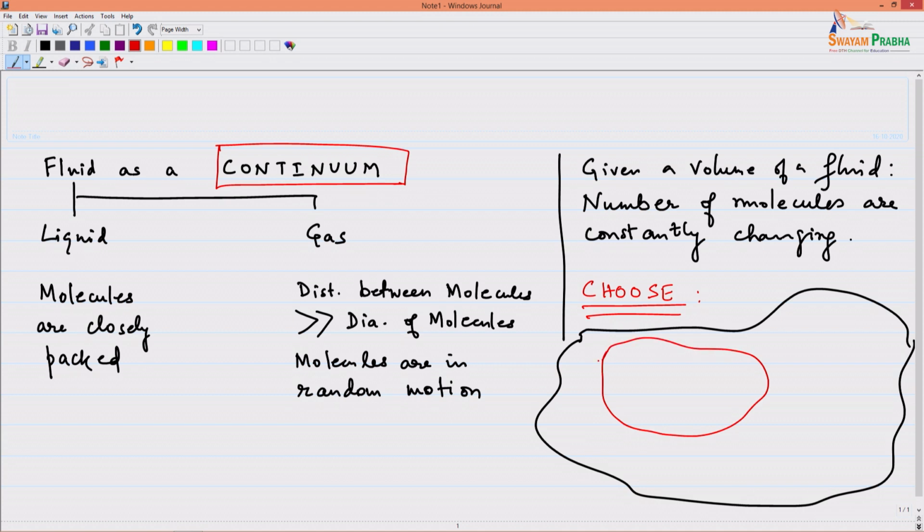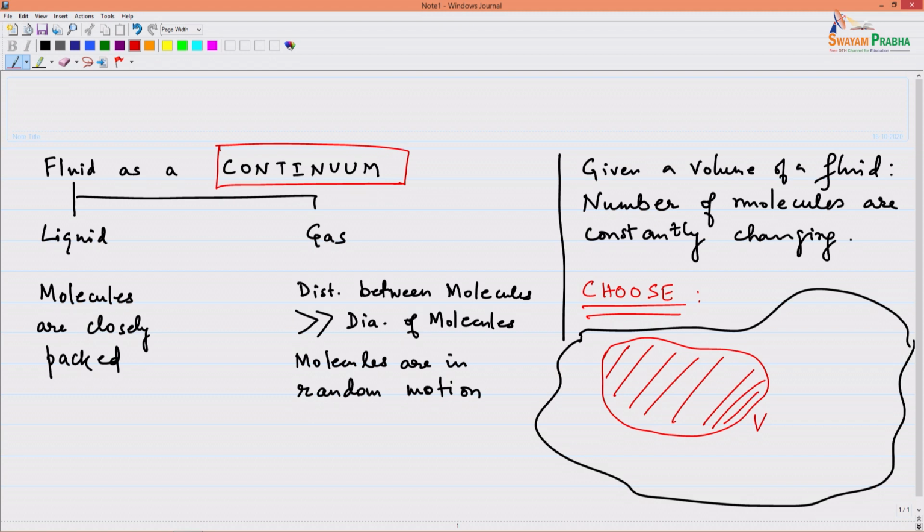Of course, there is interchange of molecules. Molecules are all in random motion, so they come into this region marked red. This is my volume, say volume V.